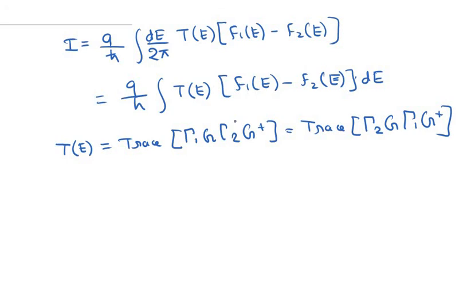Okay, but in most realistic devices or in most realistic channels there would be phase breaking, so the coherence would gradually become poor as the electrons move along the channel, and those kind of things can also be introduced in the NEGF formulation, and this is generally introduced through the scattering matrices, which are known as the sigma matrices.